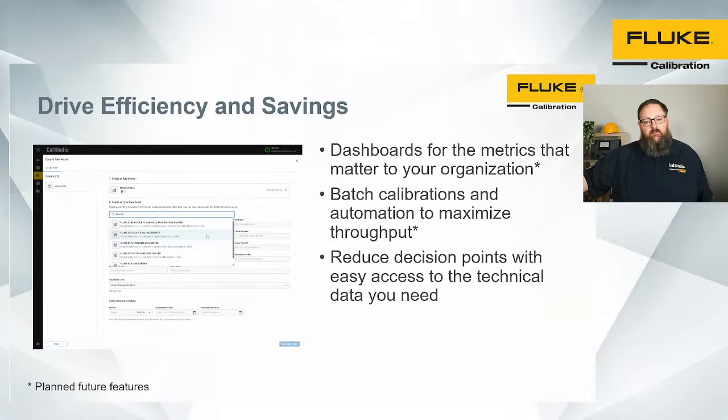And leveraging that same type of data now in CalStudio, we have this product catalog of over 800,000 instruments that we can leverage directly as we build out our assets, as we think about what equipment we have, and then moving forward into things like our procedure catalog, our procedure library. All of that links back to this idea of having less effort go into all of the extra work that goes into doing calibration, and allow us to more quickly get into the act of calibrating and get that work out the door back to our customer.